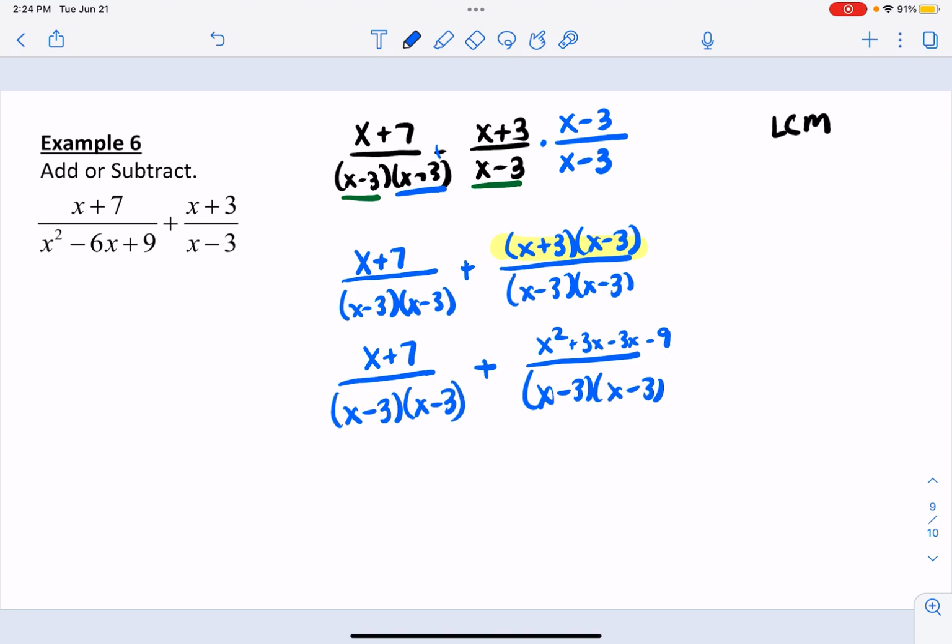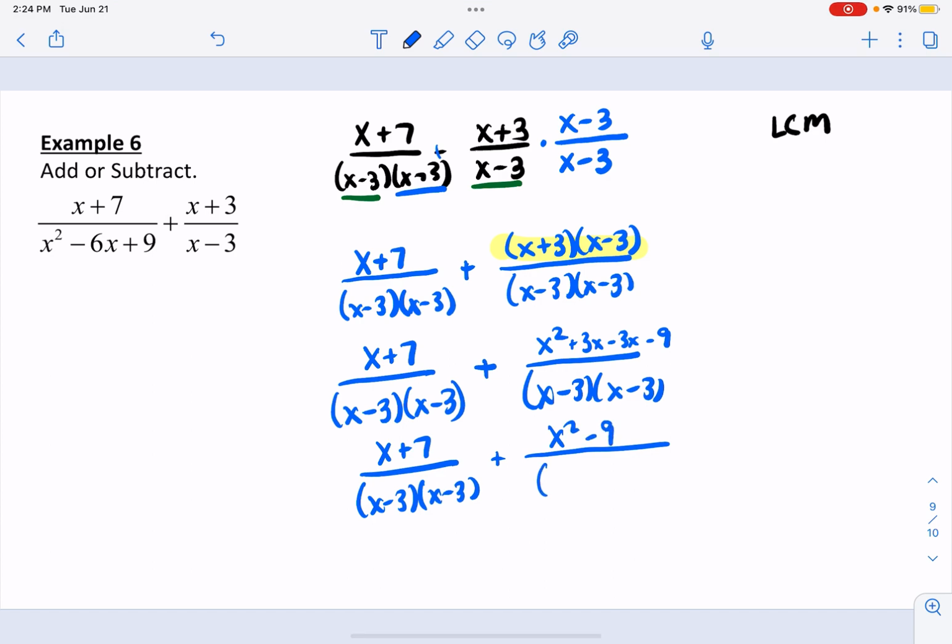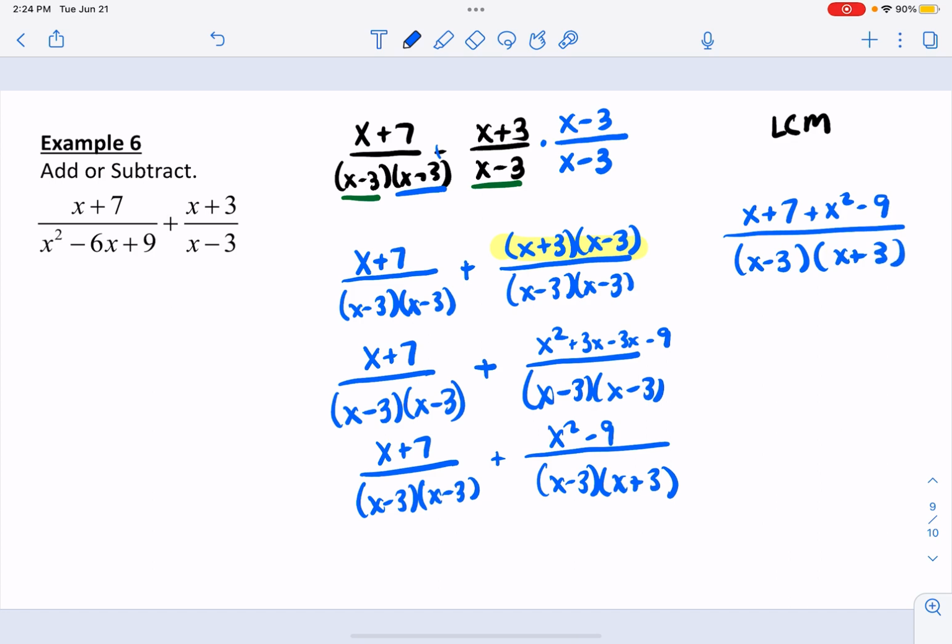So I have x squared minus 9. I'm going to continue it up over here, over to the right. So I have x plus 7 plus x squared minus 9 all over my x minus 3, x plus 3.